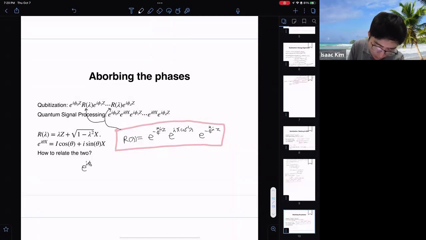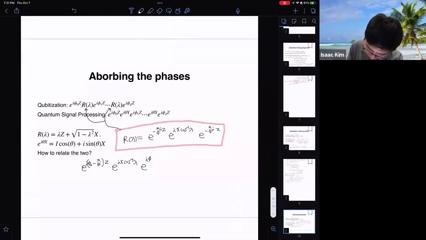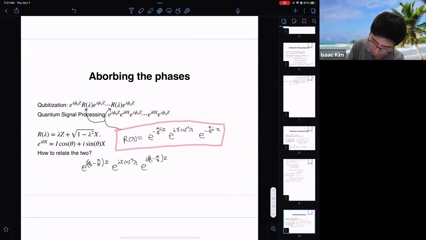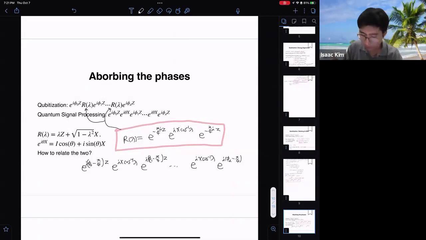So you simply get this thing, and then e to the i X inverse cosine lambda, e to the i phi minus pi over 4.